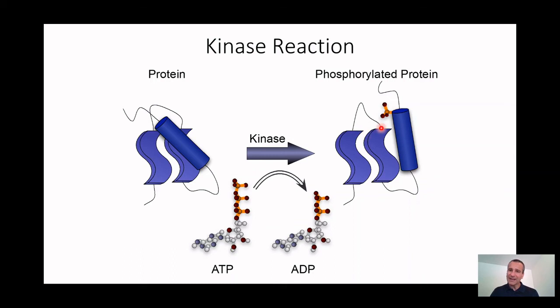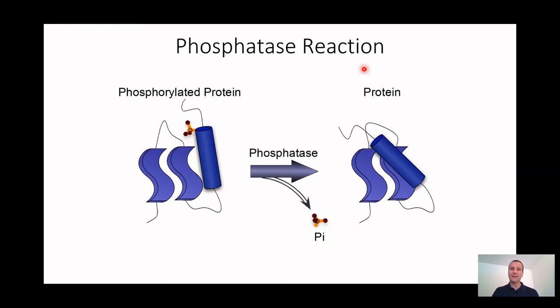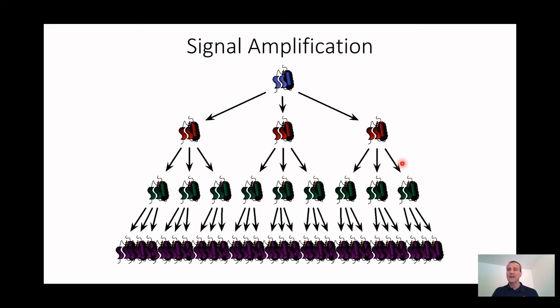And if this is the active site of an enzyme, now you've opened up the active site and the proteins can come in and you can have more activity. The phosphatase just does the reverse. It comes in, cuts off the phosphate group, releases it, and the protein reshapes into the smaller conformation.